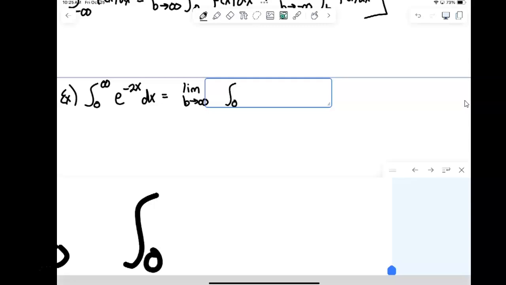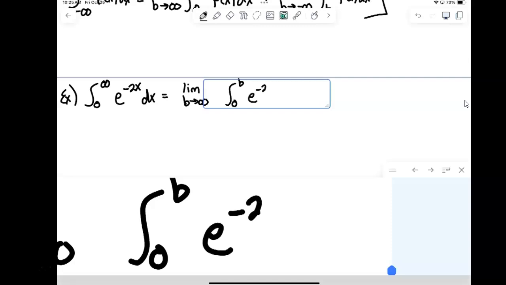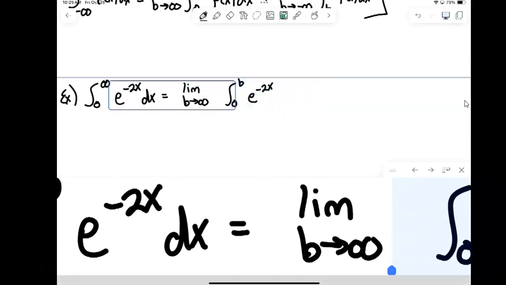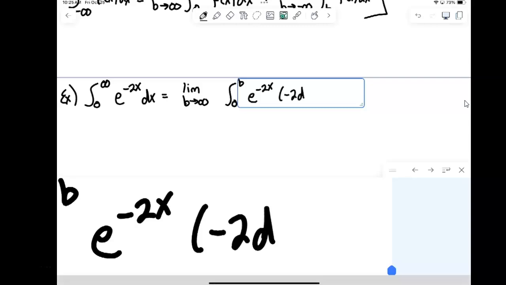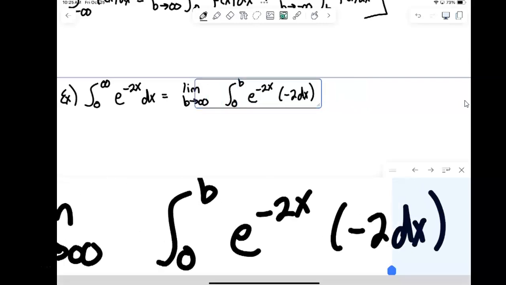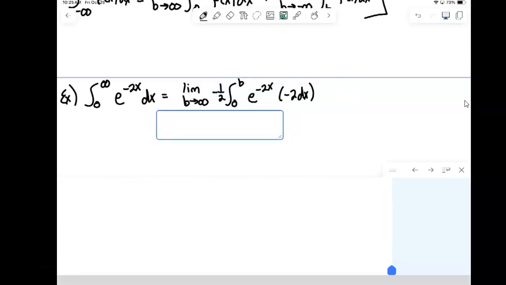The integral from 0 to b, and now e to the minus 2x. Okay, and now to carry that substitution through here, I would use u equals minus 2x. So du would call for minus 2 to go with dx. So I don't have that minus 2, so I need to account for it on the outside by multiplying by a minus 1/2.